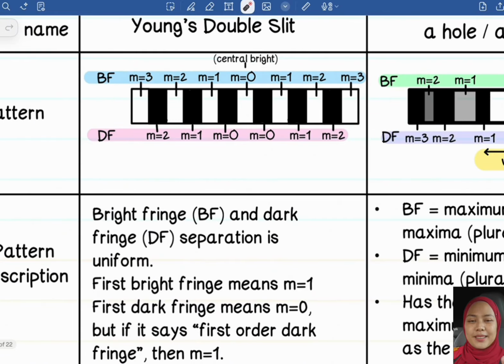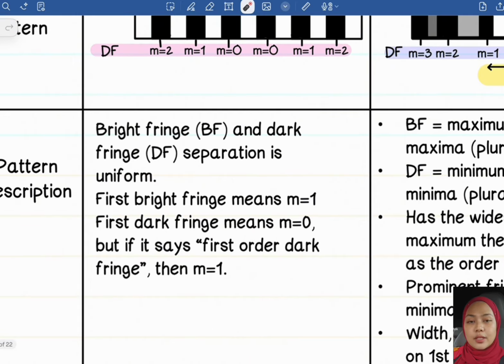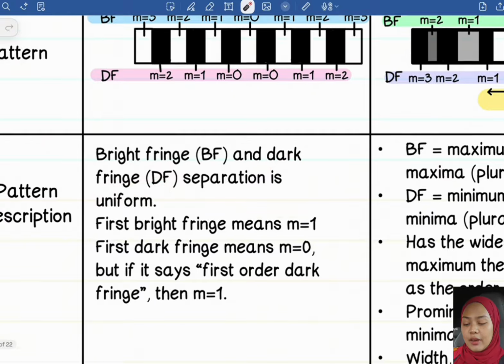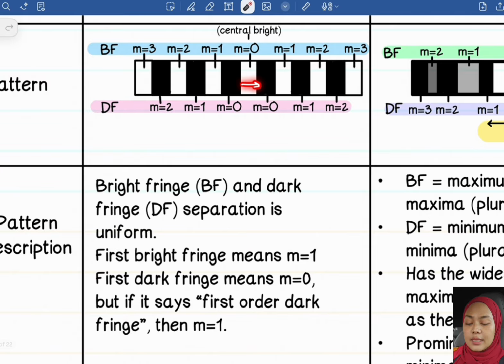Before we go to the pattern, I need to introduce you to some of the terms that I'll be using to explain these patterns. The first term is bright fringe. Bright fringe means literally bright. You can see the pattern is bright, and dark fringe is for the dark area. For example, this is considered a bright fringe, while this one is considered a dark fringe.